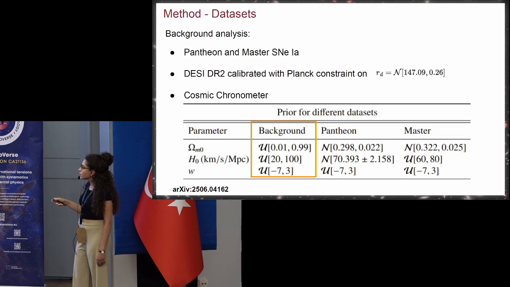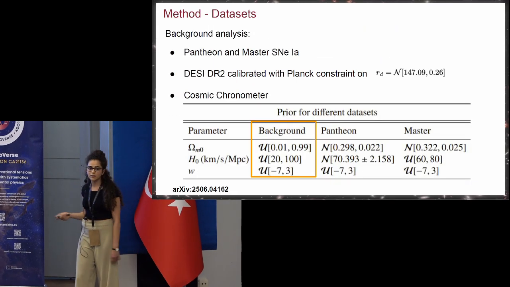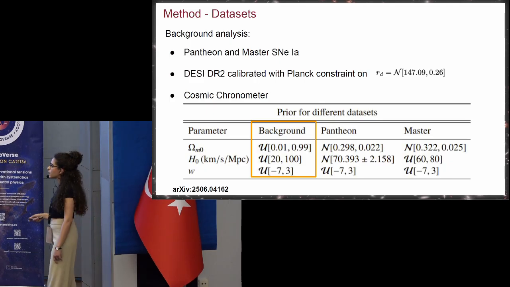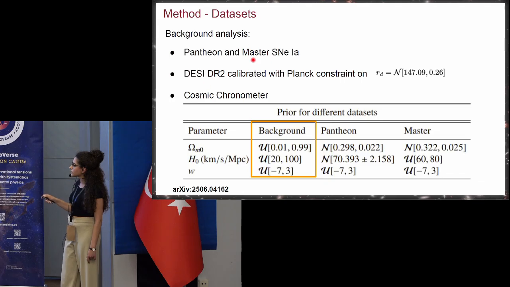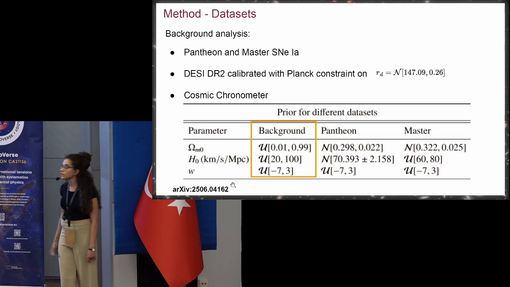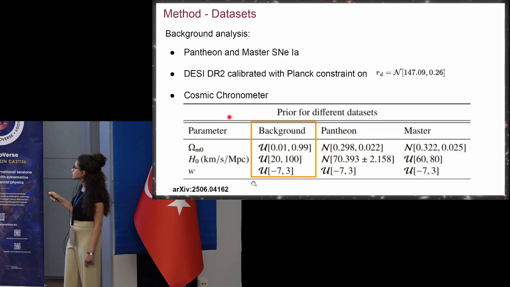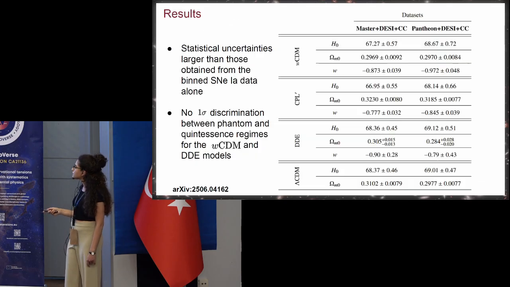And finally, we tested these three models also with background sources. In particular, we adopted the Pantheon and Master samples, and DESI DR2 BAO data with a calibration on the sound horizon from the Planck constraint, and also the cosmic chronometers.